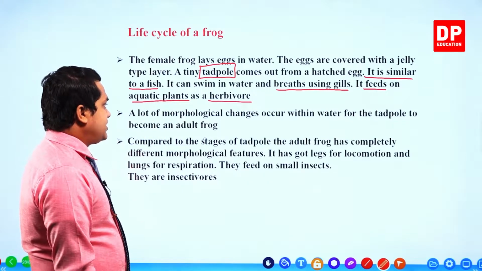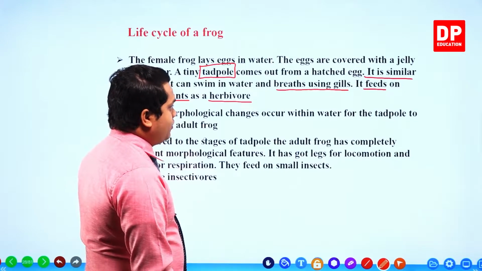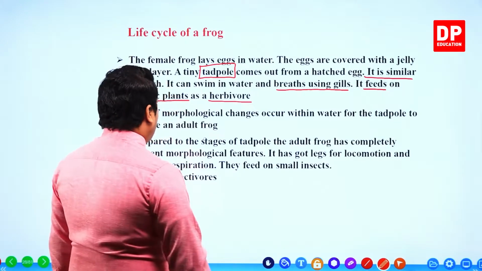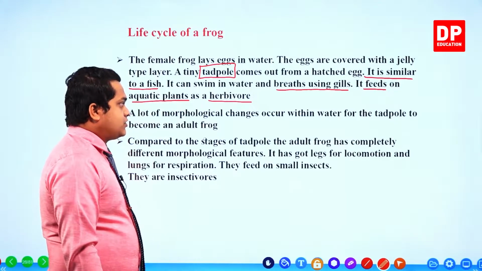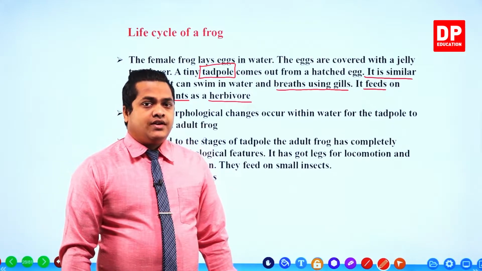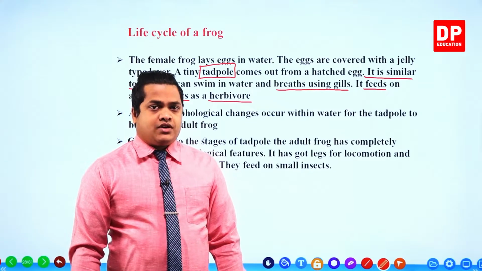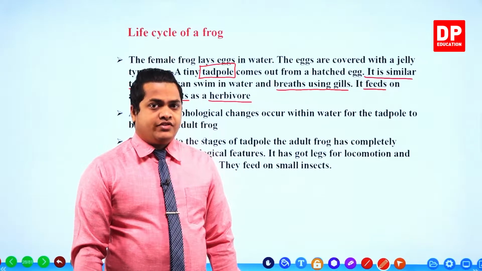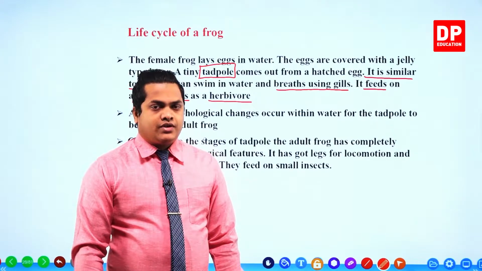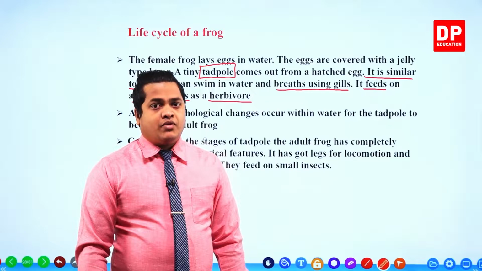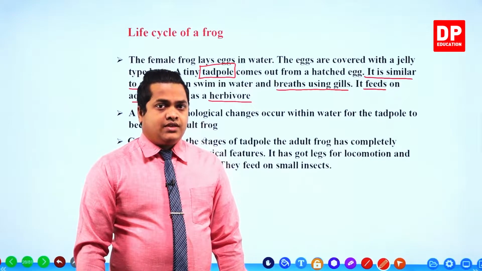Then a lot of morphological changes occur within water for the tadpole to become an adult frog. To become an adult frog, different morphological features occur within the body of the frog.